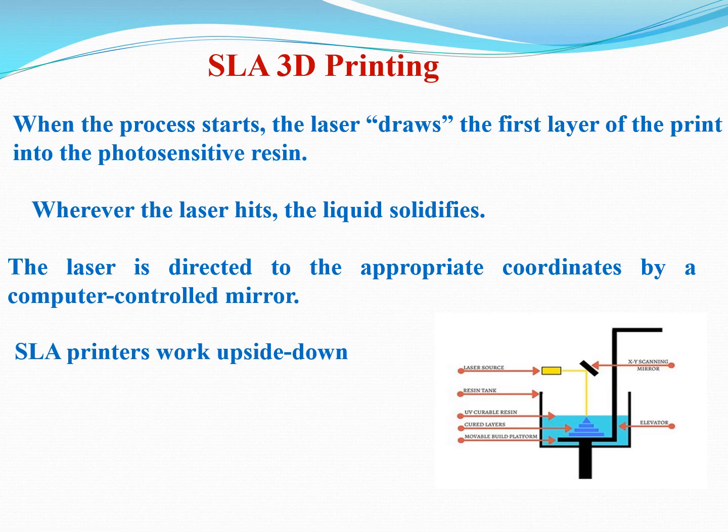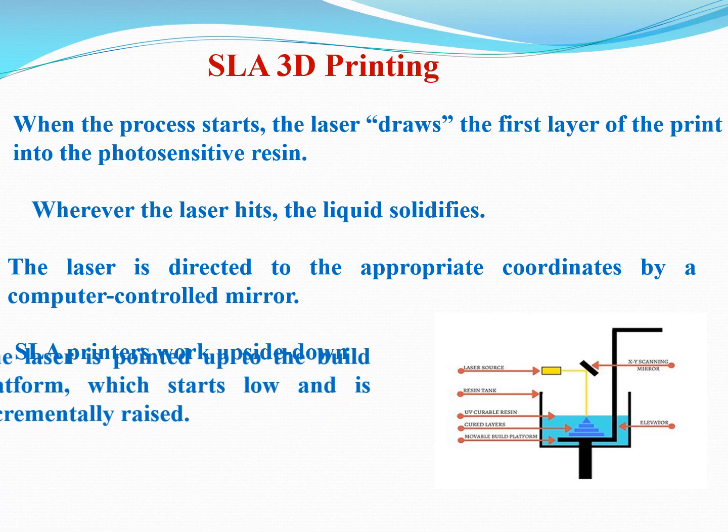So the laser is coming first, and when that laser hits the resin, that resin will solidify first. Next, the laser is directed to the appropriate coordinates by the computer controlled mirror. So there are computer controlled mirrors, so that the laser is entering as per the direction.